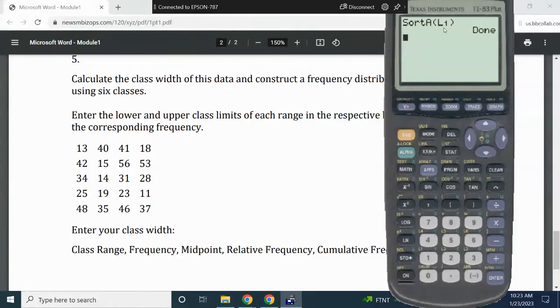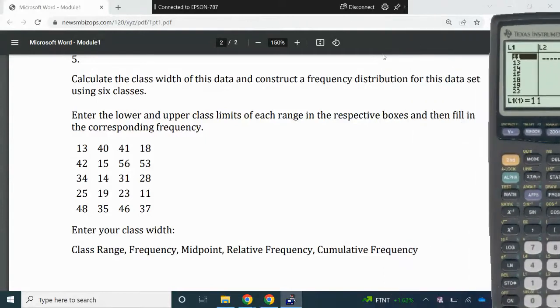So from the home page, we sorted list 1, and now I can actually look at my list by going back into stat and edit. Okay. So this is why this is important: we're setting up the frequency distribution, and we want a total of 6 classes.